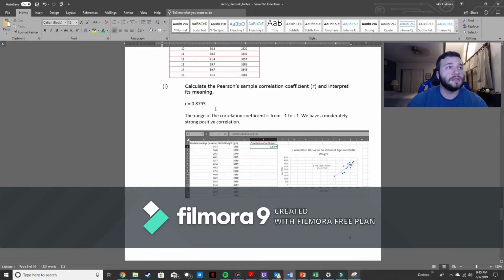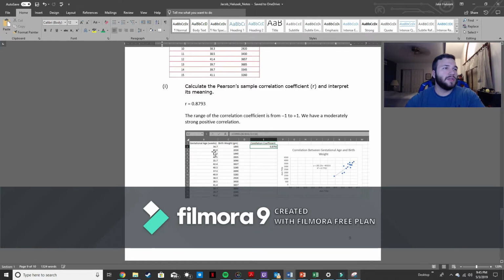I found the R value, this correlation coefficient, by going into Excel. I plugged in all my data: my gestational ages in weeks, and my birth weight in grams right here. I then found the correlation coefficient by creating this function, equals CORREL, for correlation.